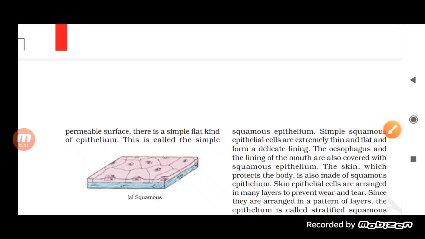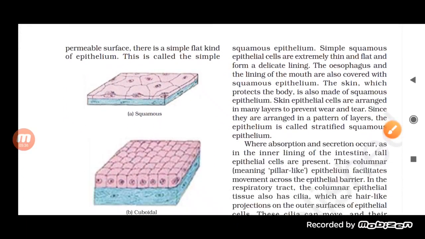Now if we talk about the simple squamous epithelial cells, students, you will find that they are extremely thin, flat, and form a very delicate lining. Even the esophagus and the lining of the mouth are covered with squamous epithelium. The esophagus is the food pipe, which is covered with squamous epithelium.